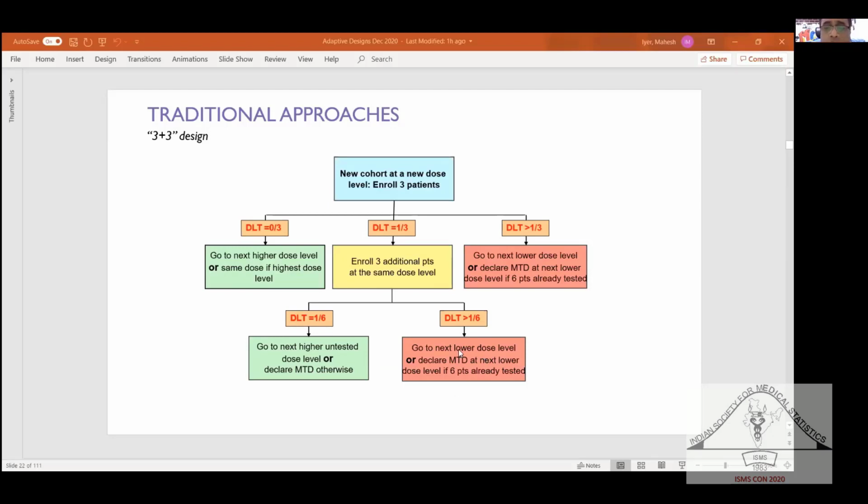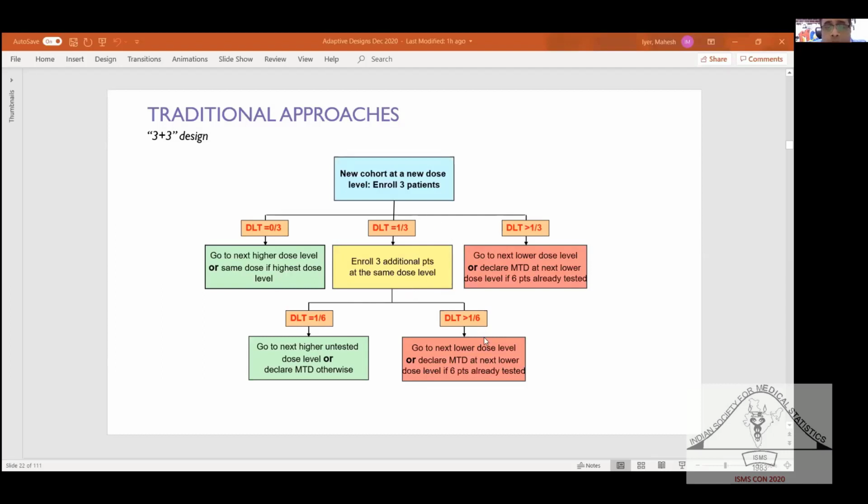There are too many people having adverse events. So stop and go to the lower dose level. So from 10, go back to 5. Or if you have already tested 6 patients at 5, then you stop and you say that 5 is the maximum tolerated dose. You can't go to 10 at all.